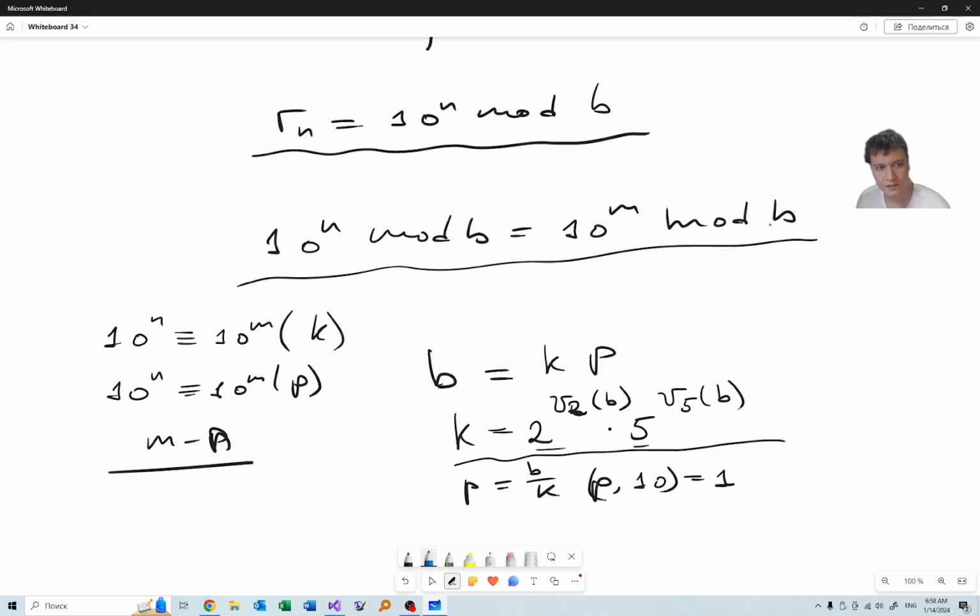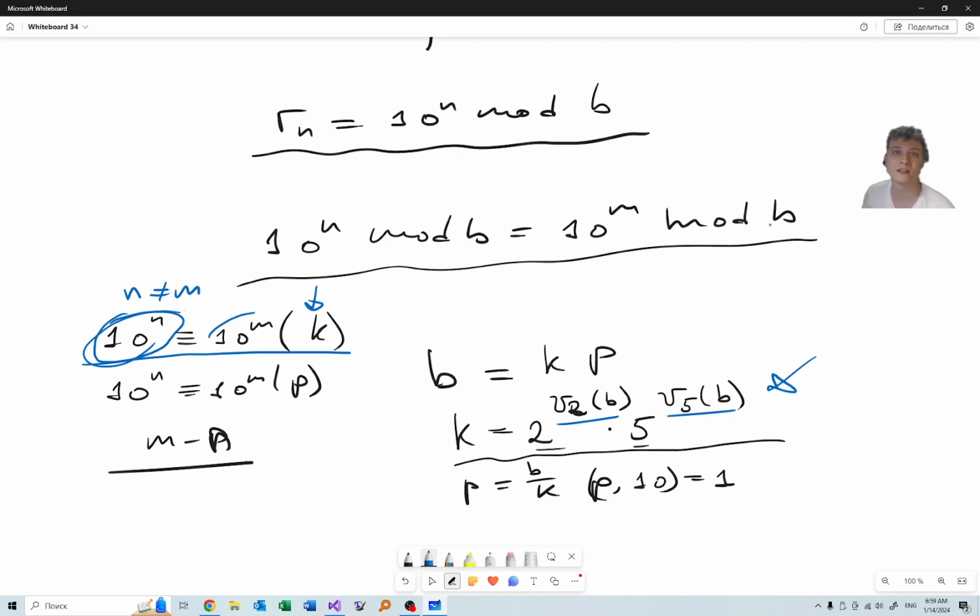Okay. The first thing: also we can say that n is not equal to m. It's easy to see that if you don't have v2 2's here and v5 5's here, so n is less than either of these numbers, then this equality can't hold, because this integer k keeps track of any 2's and 5's if there are no more than this number of them. So it can discriminate between all these cases.